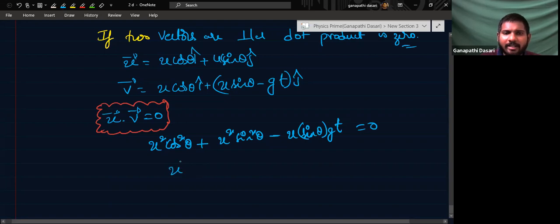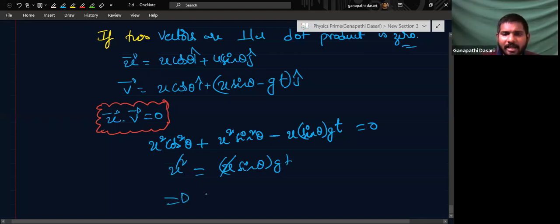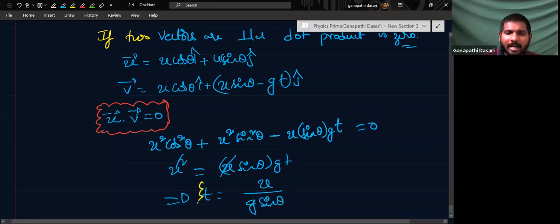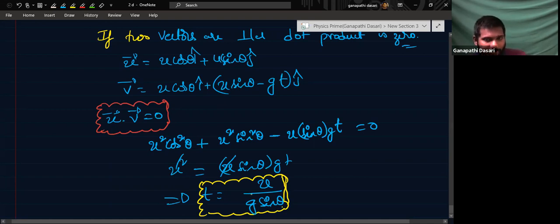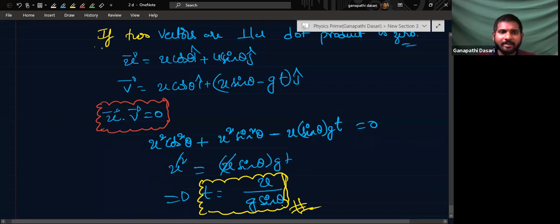Then u square into cos square theta plus sin square theta, which is 1, is equal to u sin theta into g t. U can be cancelled. That implies t is equal to u by g sin theta. This is the conclusion. At the time t is equal to u by g sin theta, the velocity vector and the initial velocity vector will be perpendicular to each other. That's it. This fundamental point is used here.